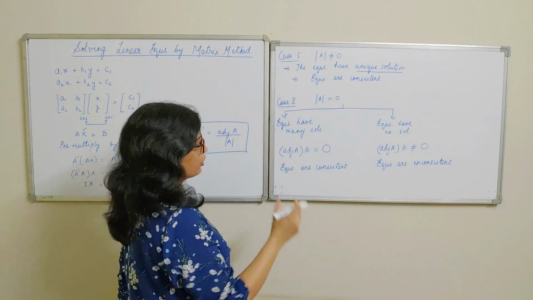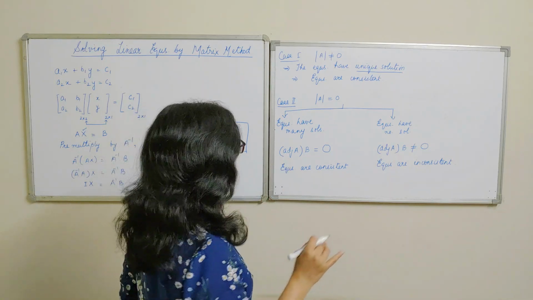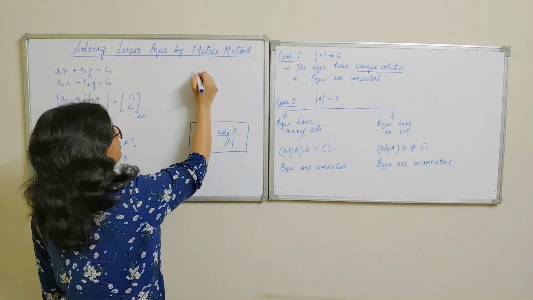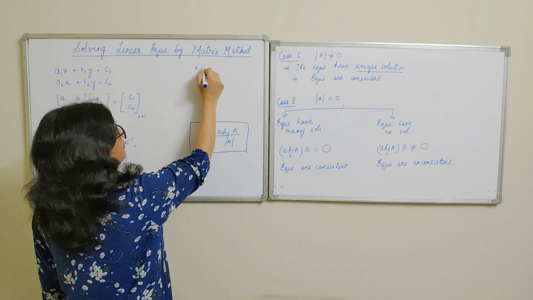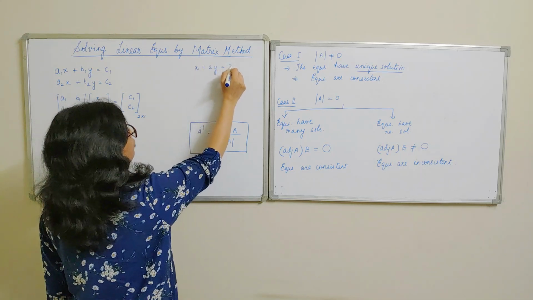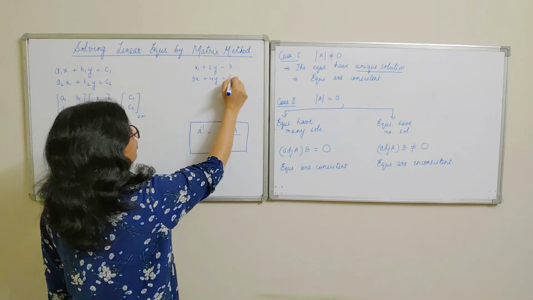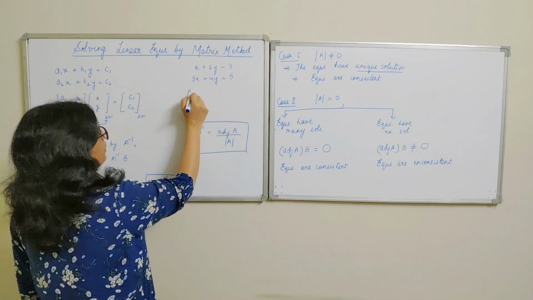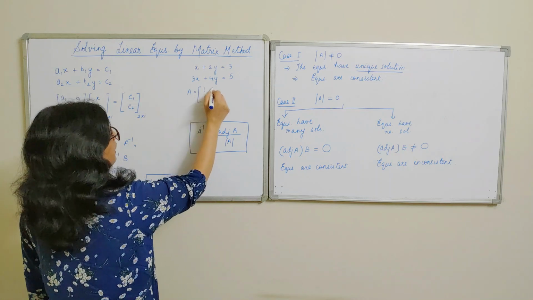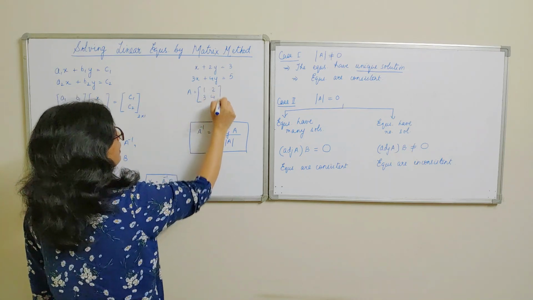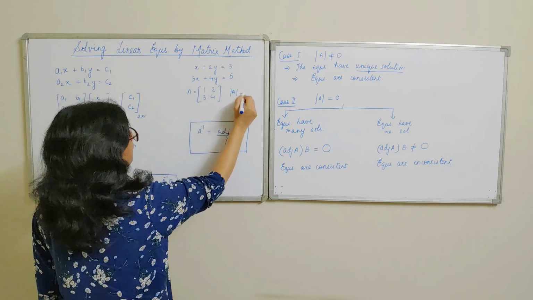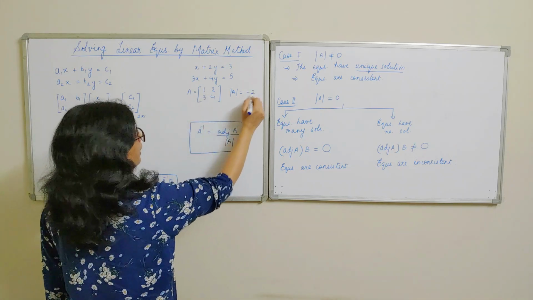Let's take an example and quickly understand all the three cases. So the first example, I'm writing this side. Suppose our equation is x plus 2y equal to 3, 3x plus 4y equal to 5. Then matrix A is this matrix, and when you find its determinant, it turns out to be -2.